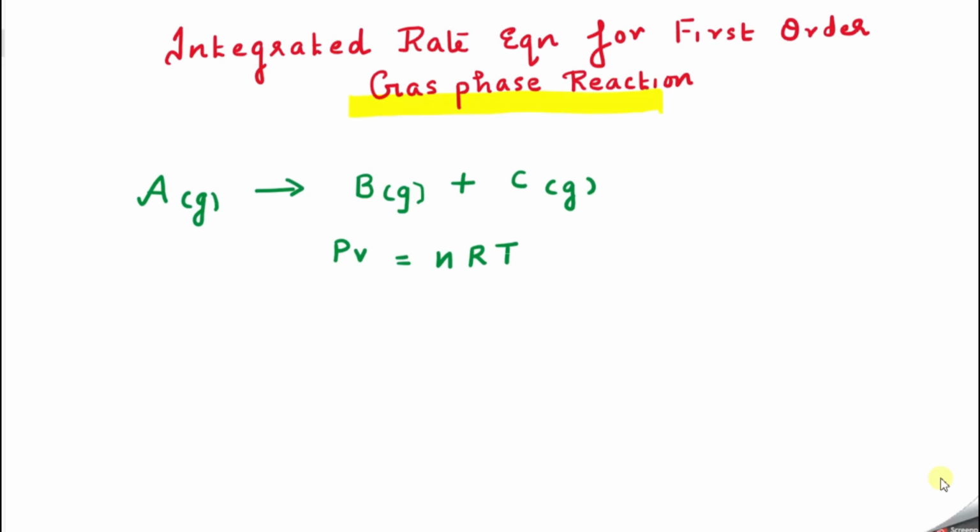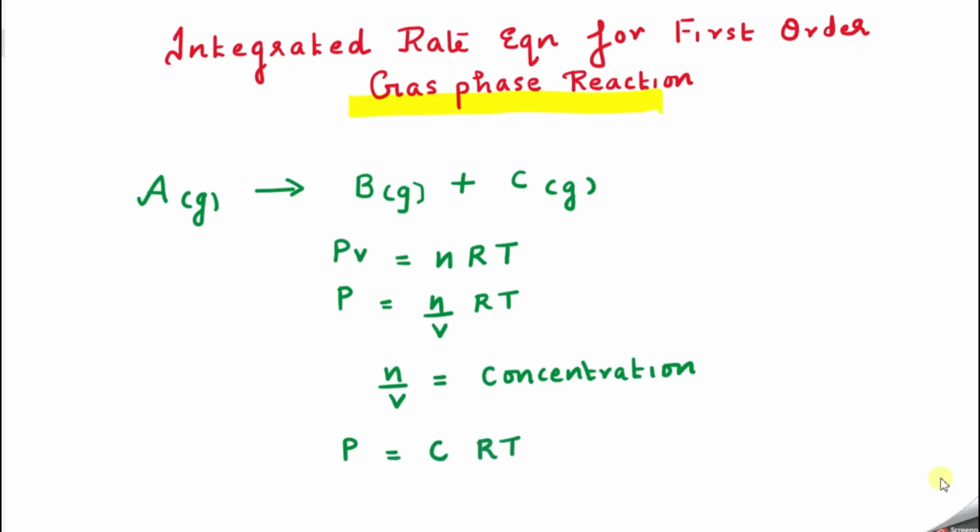The answer is, I can rearrange this equation as P is equal to n by V into R into T. We know that n by V, the number of moles of the initial reactants by volume taken, is nothing but concentration C. We already learned this in the chapter solutions. So we can write this equation as P is equal to concentration into R into T.